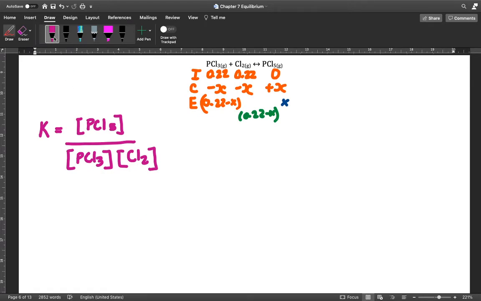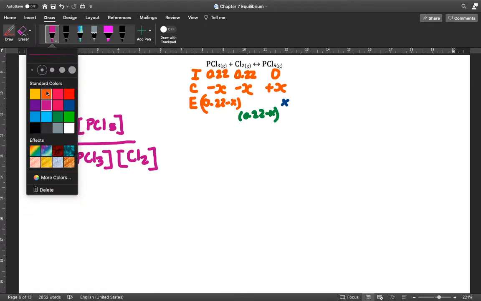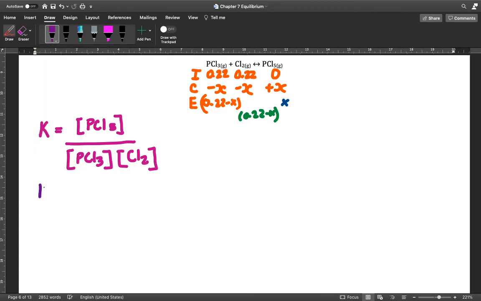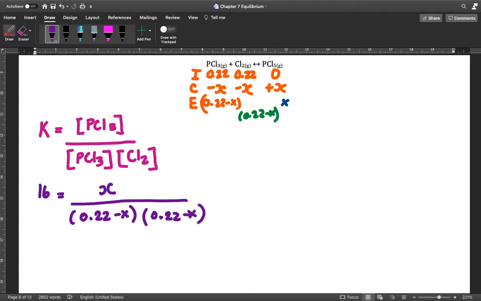According to my question, K is equal to 16. So 16 is equal to X at the top, since the equilibrium concentration of PCl5 is X, divided by the concentration of PCl3, which is 0.22 minus X, times the concentration of Cl2, which also happens to be 0.22 minus X.